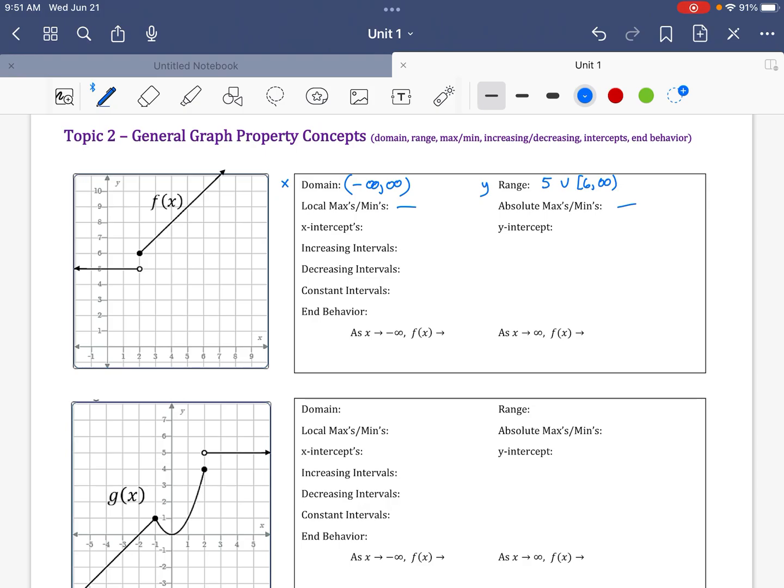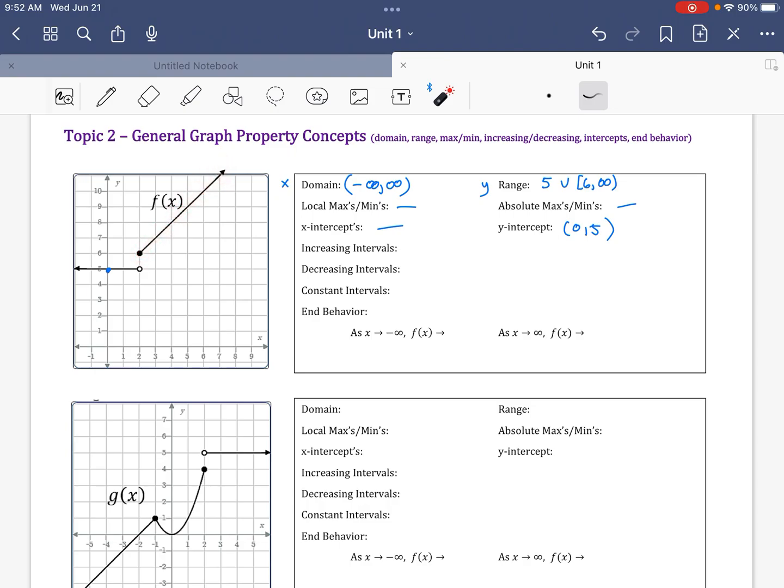All right, x-intercepts or y-intercepts. So this first graph does not cross the x-axis at all, but the y-intercept, I do see it right here at 5. So (0, 5). All right, increasing intervals. So increasing is to denote a positive slope. So look, this part right here is a positive slope. And when you do an increasing interval, you're going to say from 2 on.